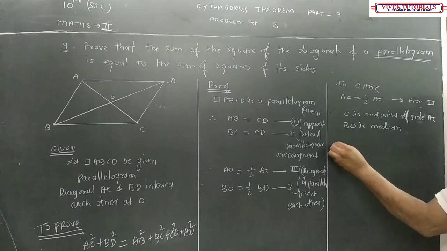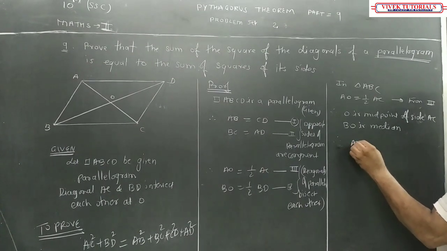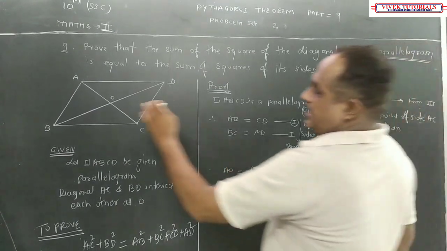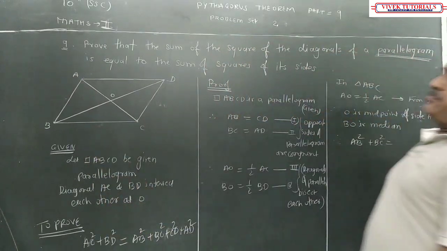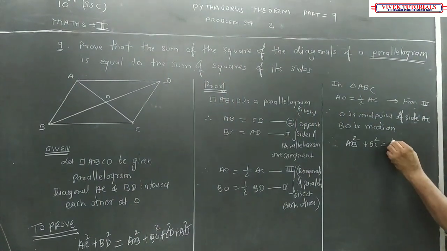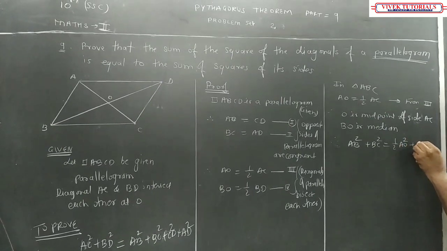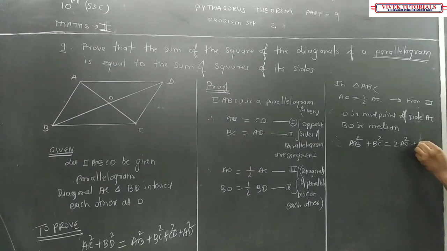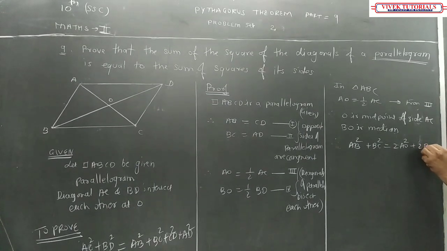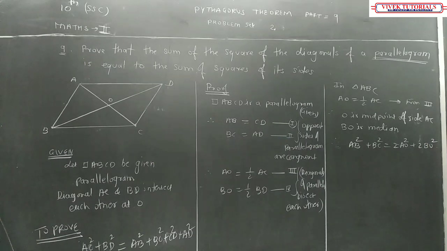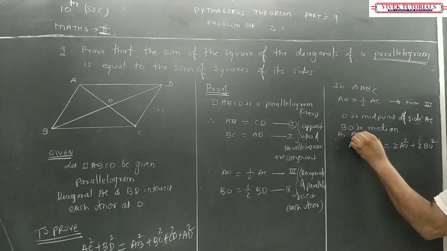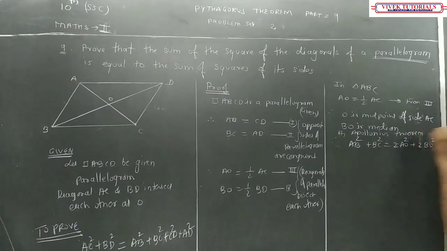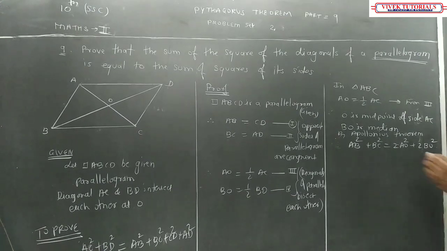Therefore, what I can write is AB square plus BC square, now this is the median, no? So AB square plus BC square is equal to 2 AO square plus 2 BO square by Apollonius theorem. Now it's okay. What you got now?